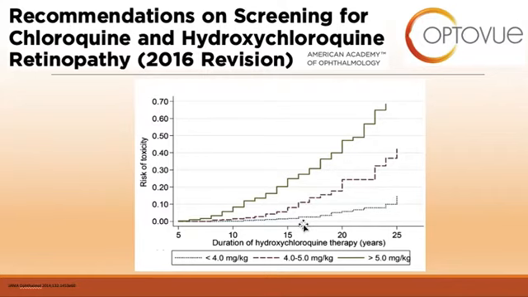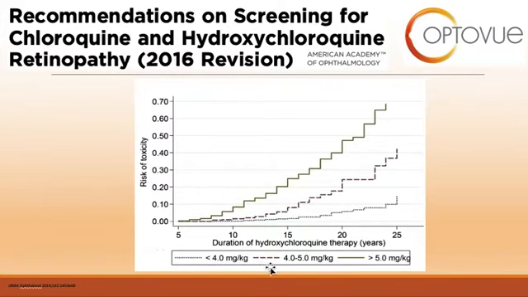So on the bottom here, you can see the duration of years that the patient is taking the medication. So 5, 10, 15, and so on. These little dotted lines show you the dosage. The little blue dotted line means the patient is taking less than 4 milligrams per kilogram.